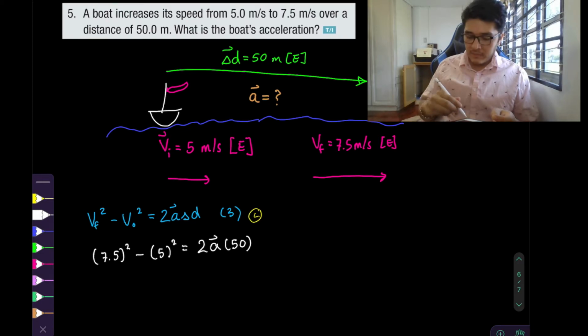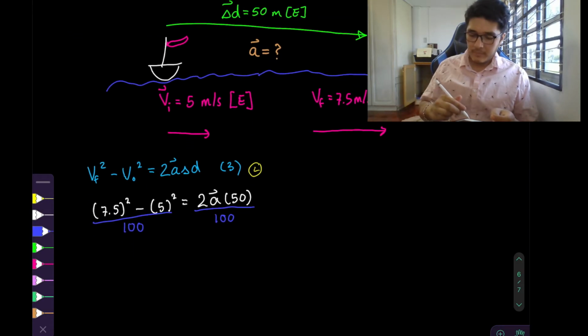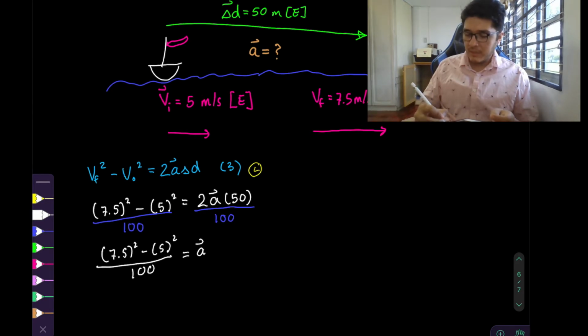And to isolate for the acceleration, you're going to divide both sides by 2 times 50, which is actually just 100, right? So 7.5 squared minus 5 squared divided by 100 is our acceleration vector.